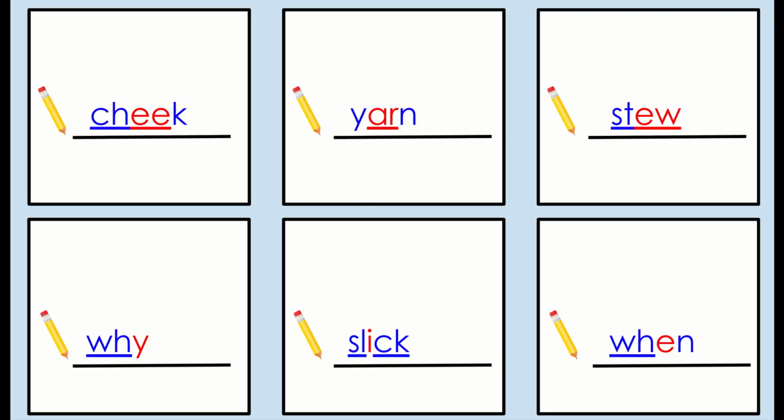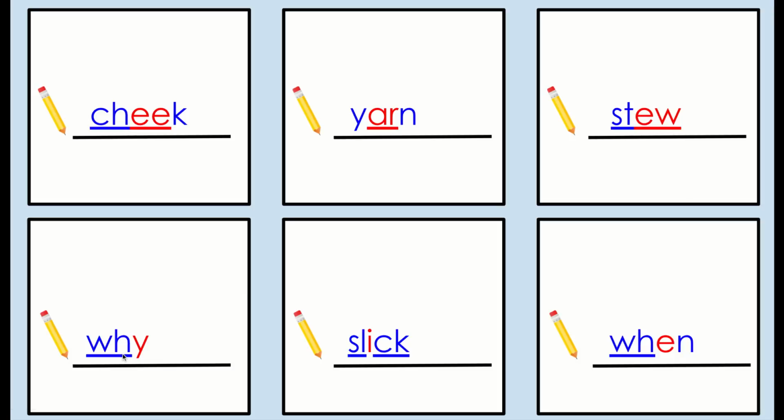Now let's check your answers. The first word was cheek, with the letter pairs CH and EE. The next word, yarn, with the letter pair AR. The next word, stew, with the letter pairs ST and EW.